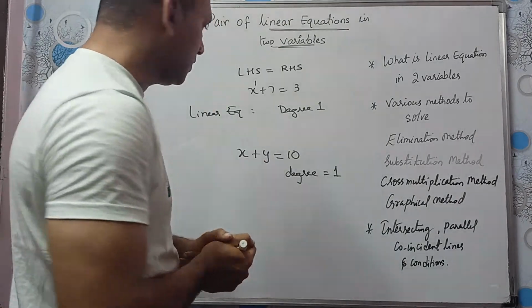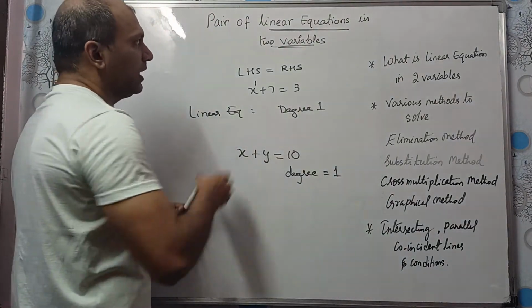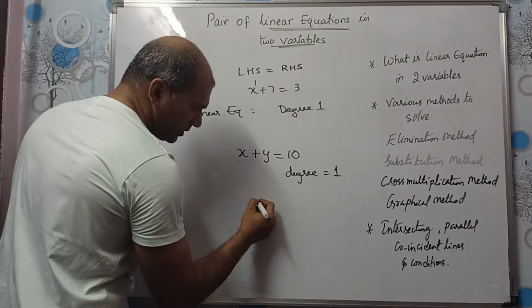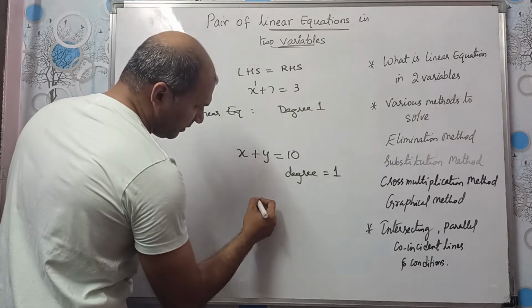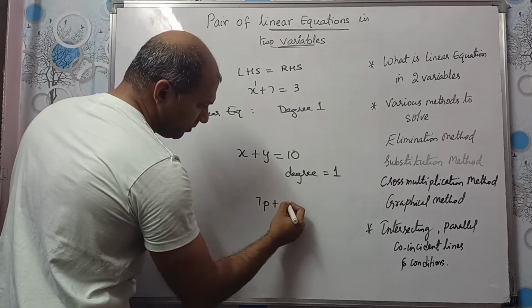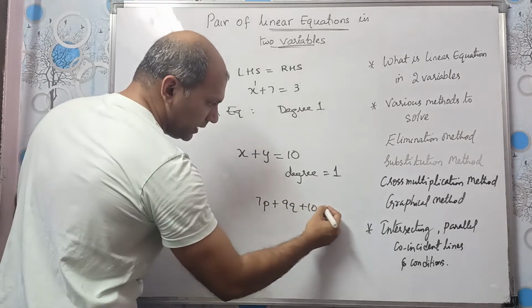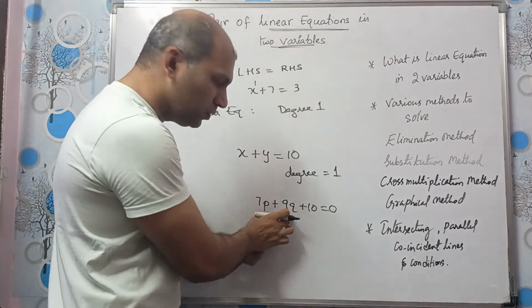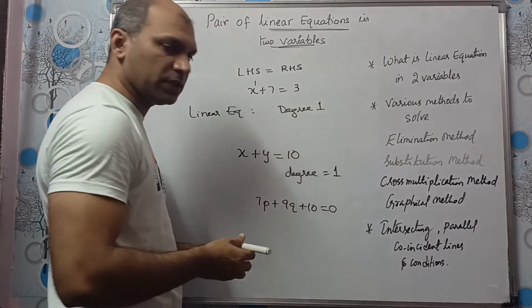We can have different examples also. Okay, let us say we have 7p plus 9q plus 10 equal to 0. Here p and q are variables. We have two variables and it is a linear equation.